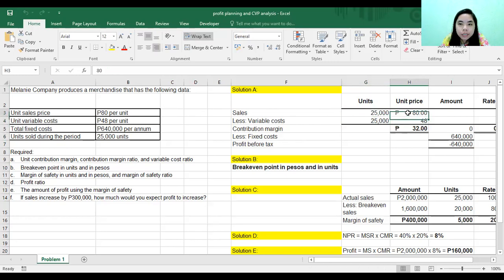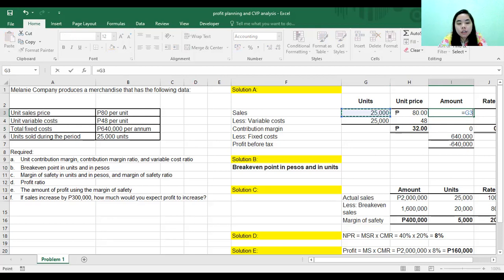Then unit price, it says there that the unit selling price is 80 and your variable cost is 48 pesos per unit. So if you subtract 48 from 80, you will get your contribution margin per unit of 32 pesos. So 80 less the variable cost per unit of 48, you will get 32 pesos. That's your contribution margin per unit. As to amount, let's just multiply 25,000 units times your unit price.